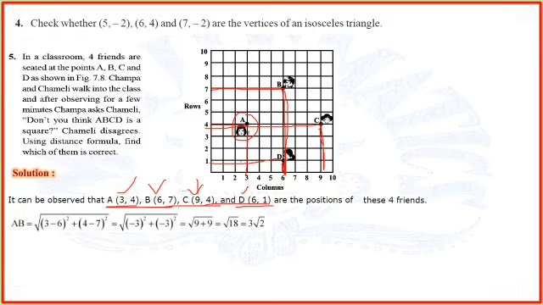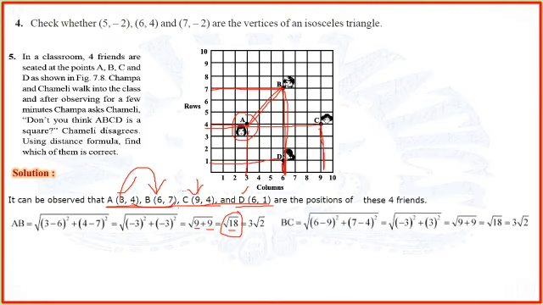So first of all, the distance of AB, from A to B, let us see. Now 3 minus 6 and 4 minus 7, whole square of both. So 3 minus 6 is minus 3, whole square, and 4 minus 7 is minus 3, whole square. 3 threes are 9, 9 plus 9 is 18. The square root of 18 is 3 root 2.